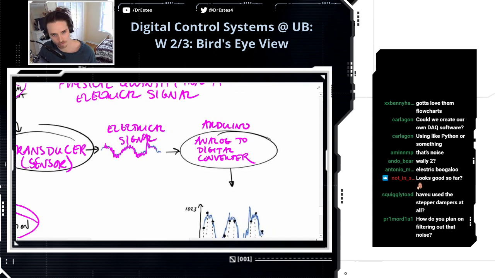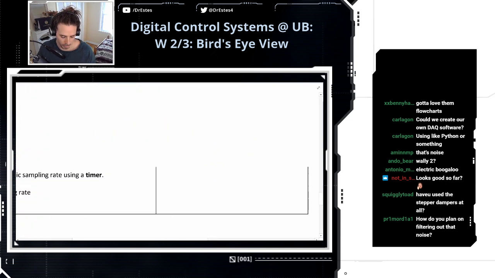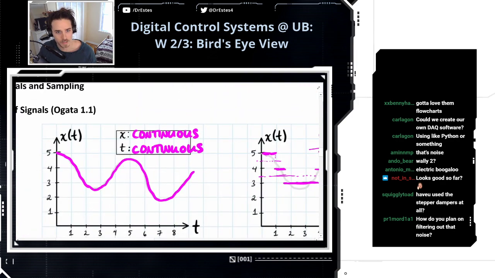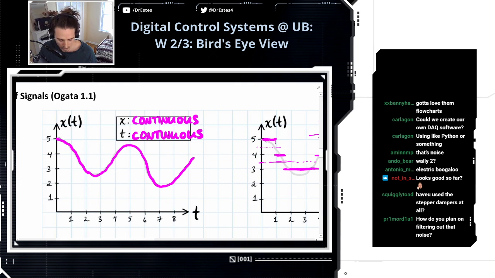Okay, so we're going to convert this analog signal. Analog means it's continuous in time. It's continuous in the variable itself. When we talk about an analog signal, we're talking about continuous in time and continuous in X, the dependent variable.